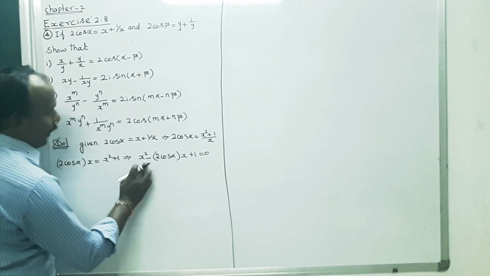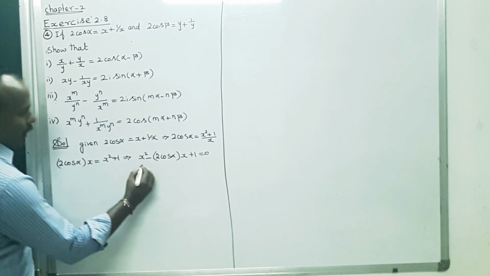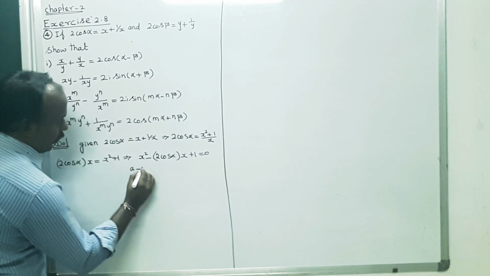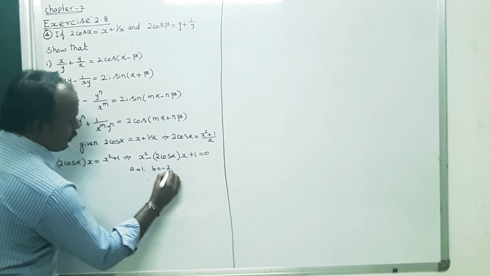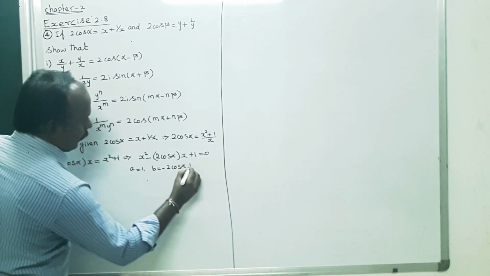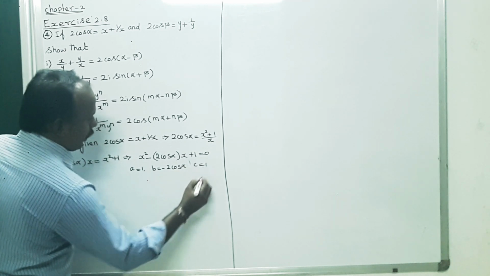Solve this equation to find the value of x. So first of all, a is equal to 1. Next, b is equal to minus 2 into cos alpha. Next, c is equal to 1.